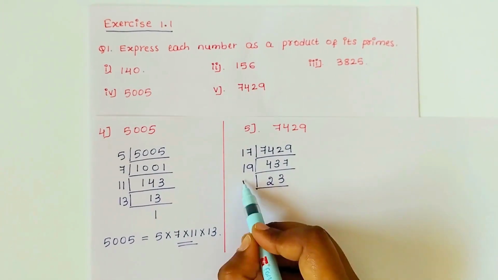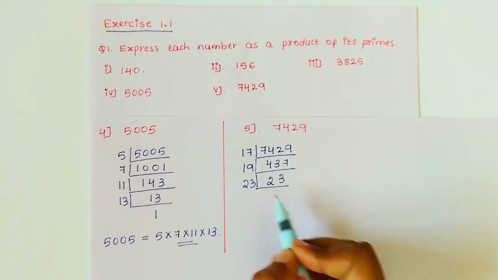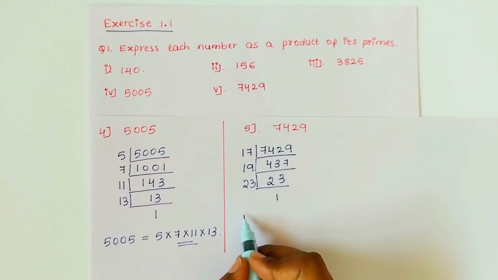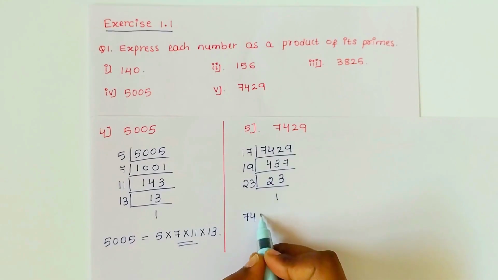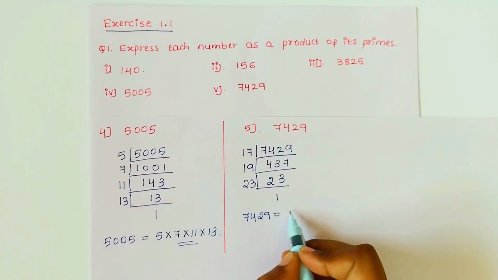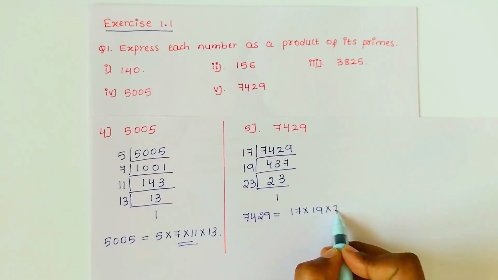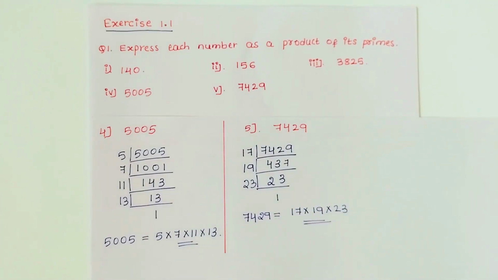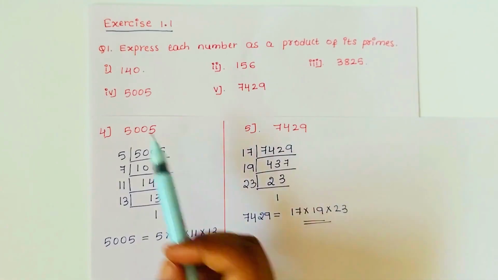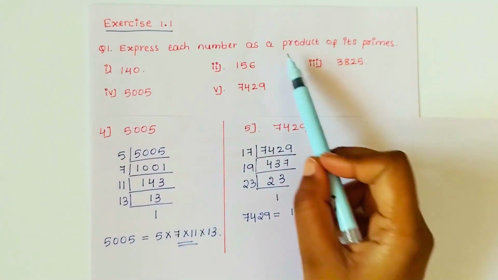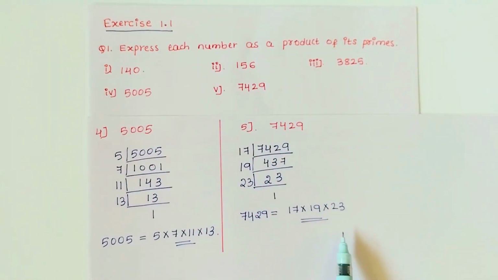Next 23 is a prime number, 23 ones. Write this 7429 as a product of prime numbers. So this is how we expressed all the numbers as a product of their prime numbers.